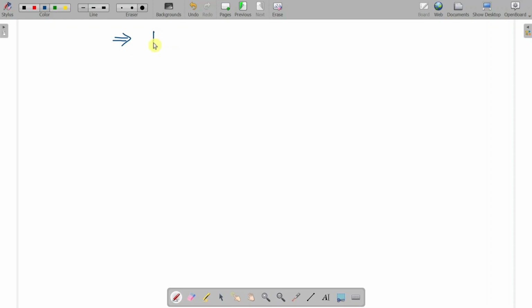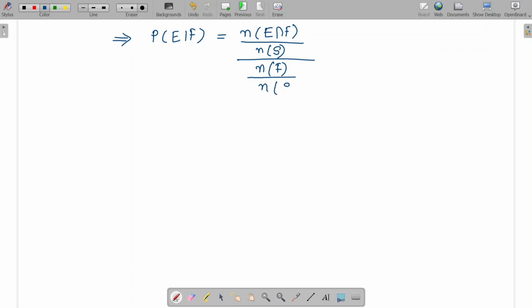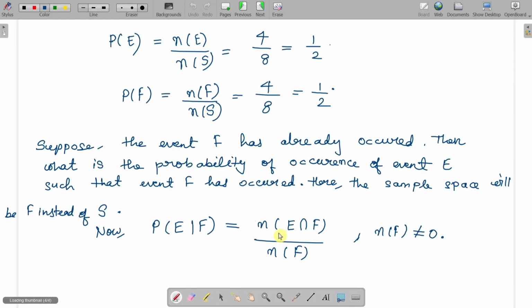So now what we will do is we will divide by number of elements of sample space, right? So probability of E such that F has occurred will be equal to number of elements in E intersection F divided by number of elements in the set F, each divided by number of elements in the sample space. We are just dividing and multiplying by number of elements of S, okay, in this quotient.